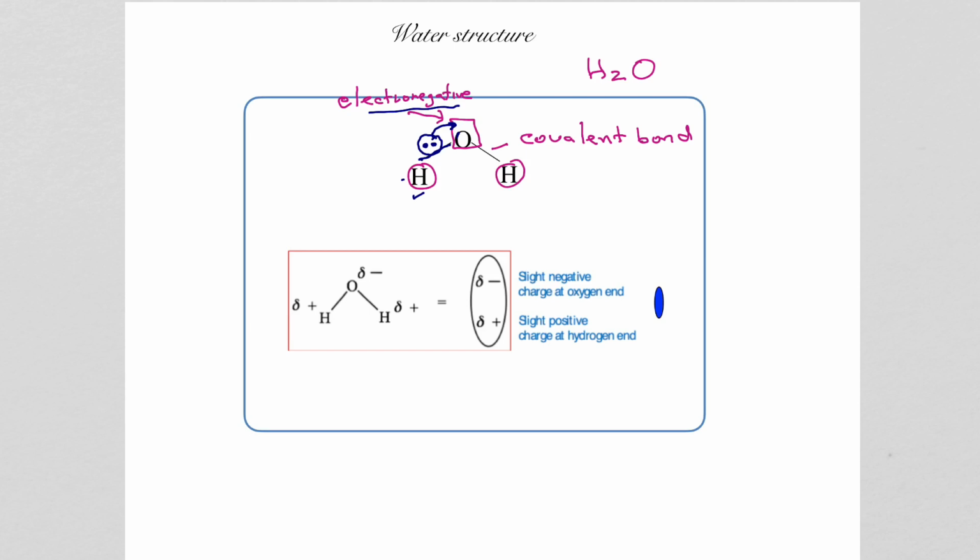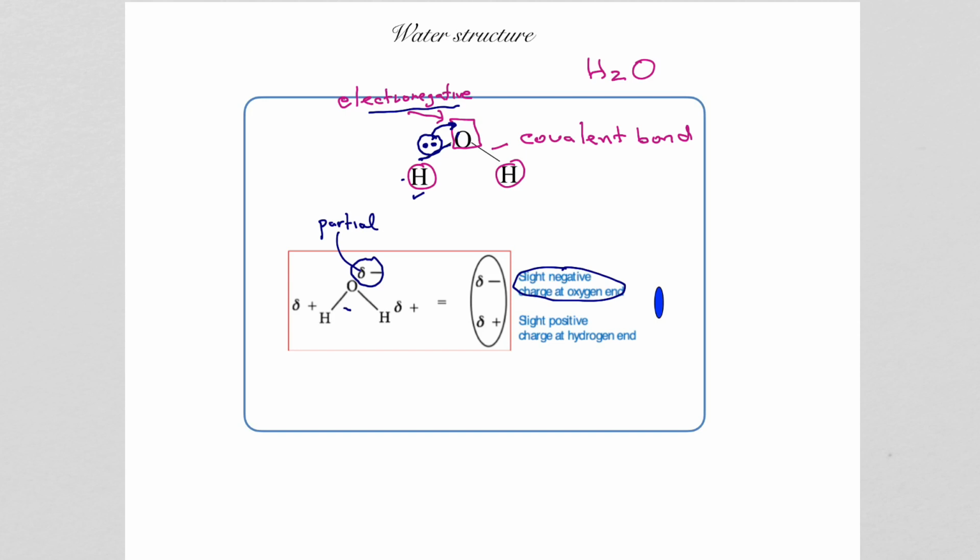So because electrons are negatively charged, the oxygen gets a delta negative, and delta here simply means a partial negative charge. It's not a complete negative charge, but there's a very slight negative charge on the oxygen end of water.